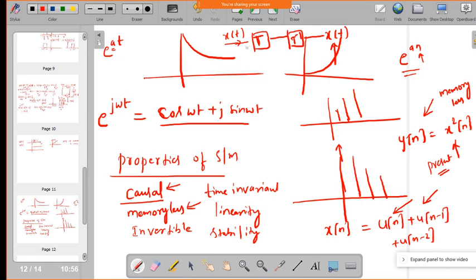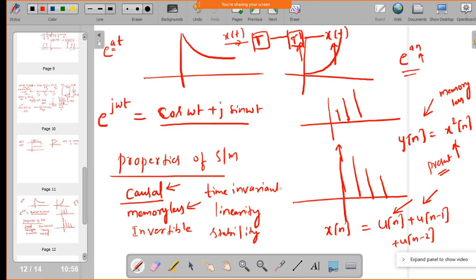Okay. So if you send the signal to the system, and the inverse system behaves as an inverse, then you will get back the same signal. Then we call that system an invertible system. Okay.